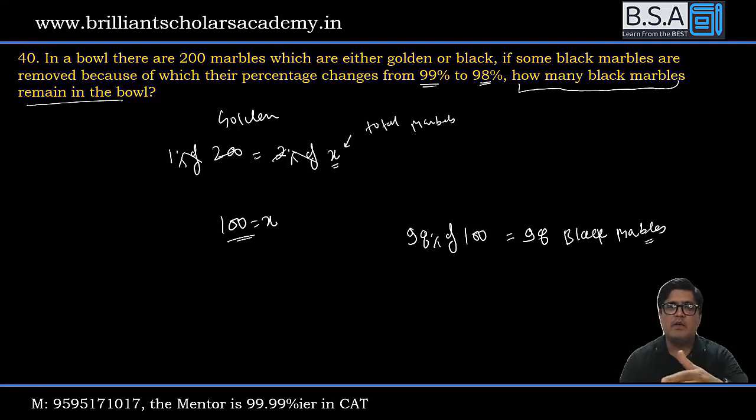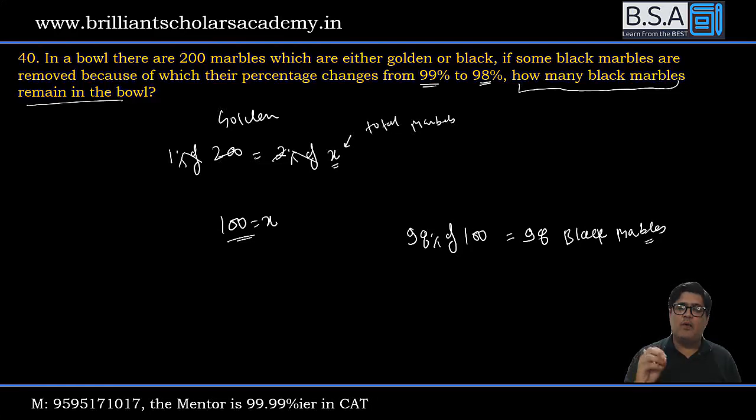So again, it was the same question as the earlier one. Rather than having water and solid, we have black marbles and golden marbles. Black marbles are being removed, so their percentage will change. Quantity will change, percentage will change. What is not changing?